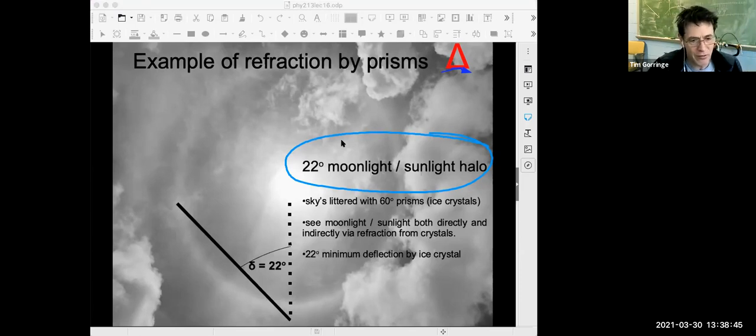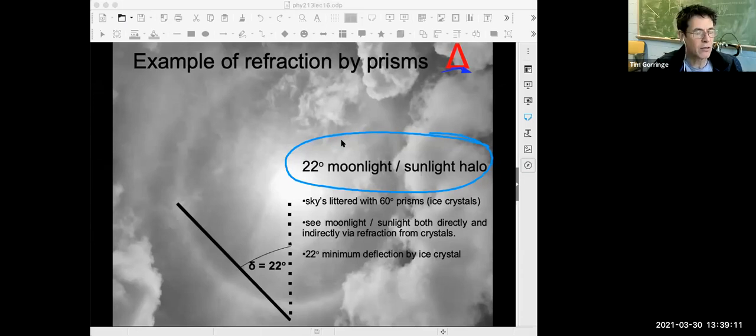Don't do this with regular old sunlight. But if you were to look around the moon at night, or with a special device, look around the sun during the day, you'd see that not only would you see in the center the moon or the sun, but you'd see a ring, a circle around the moon or the sun, at an angle of 22 degrees.